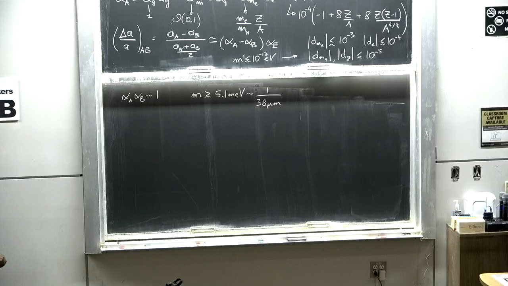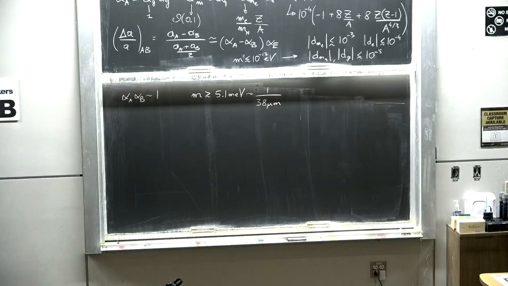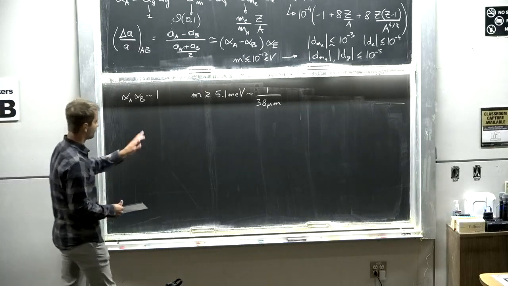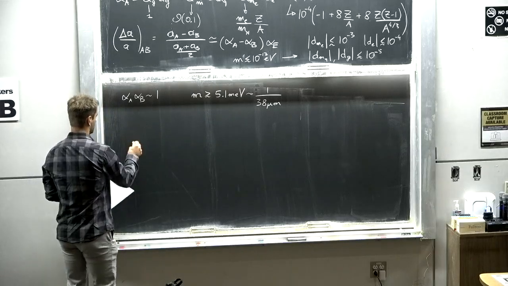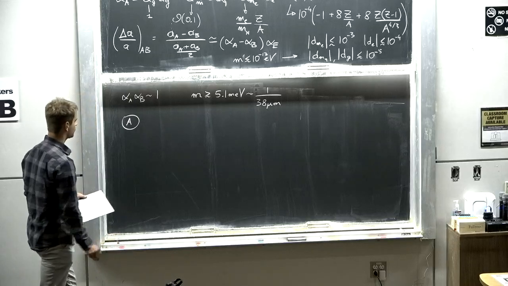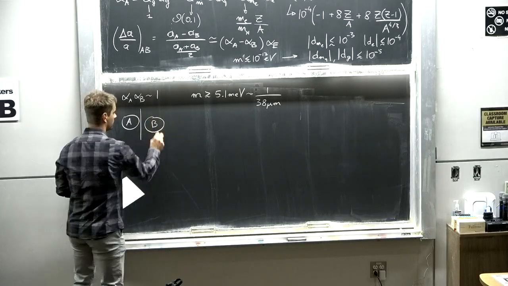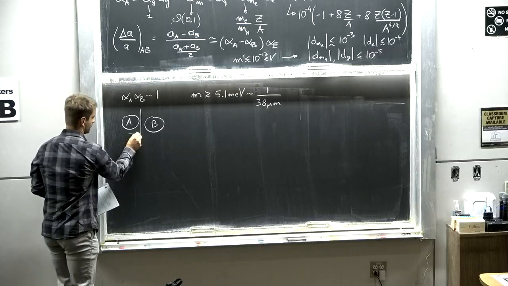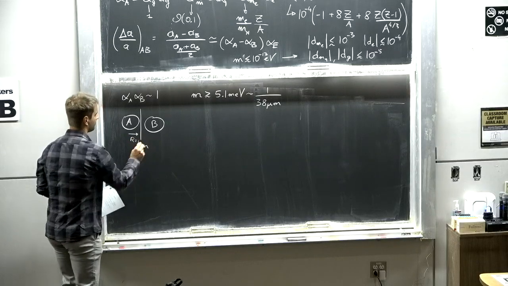So actually, let's estimate using the fluctuation dissipation theorem how well we can measure forces at the centimeter scale. I'm imagining you have some source A and some target mass B. Let's say this effective radius is about 1 centimeter.